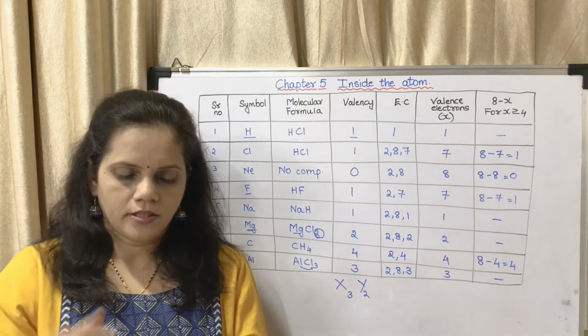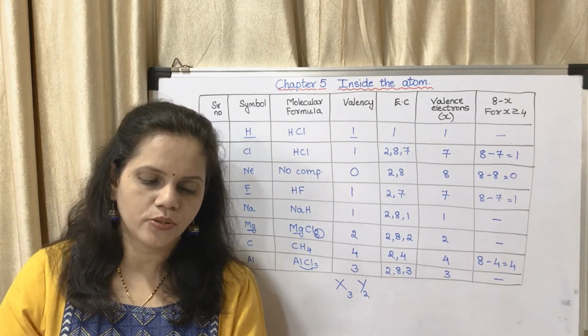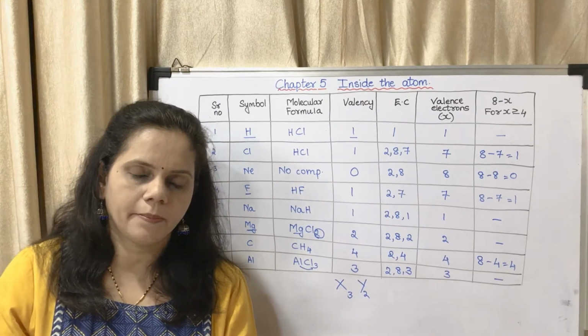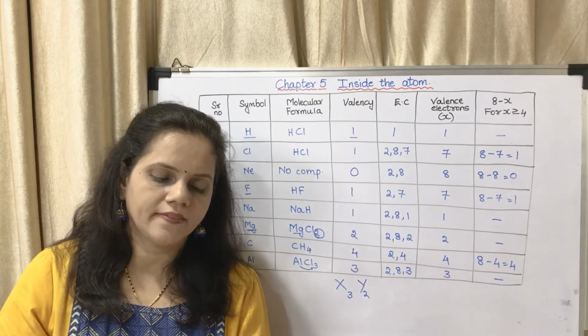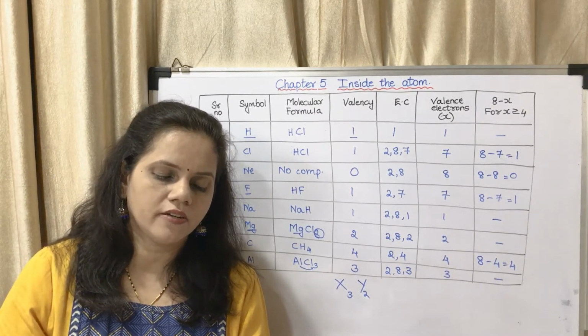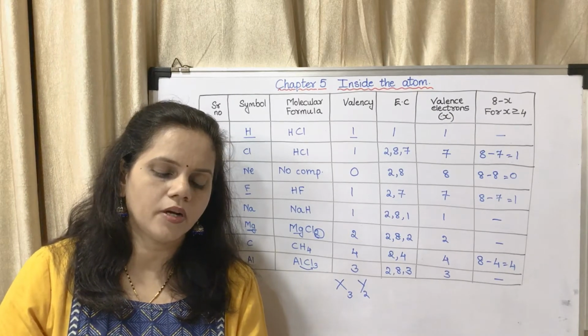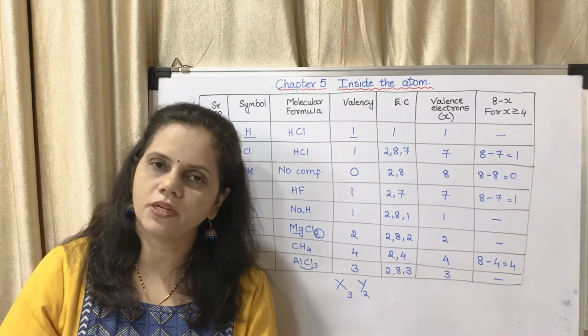Use your brain power. The first one. The following table 5.9 shows molecular formulae of compounds formed by some elements. Write the valency of the respective element obtained from them and also their electronic configuration and the number of their valence electrons in the empty spaces. So it has been filled.